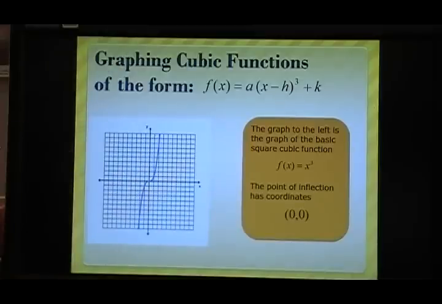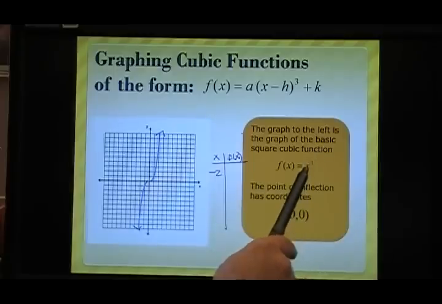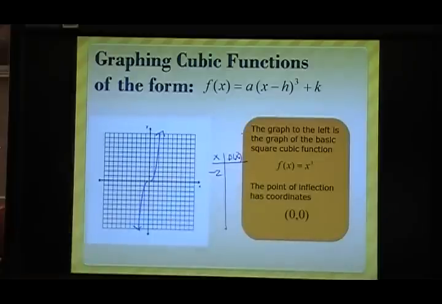Some points that are on the basic cubic, we look at input-output pairs. If we input -2 for x, -2 times -2 times -2, that output is -8. If we input -1, the output is -1. Input 0, output 0, input 1, output 1, input 2, output 8.